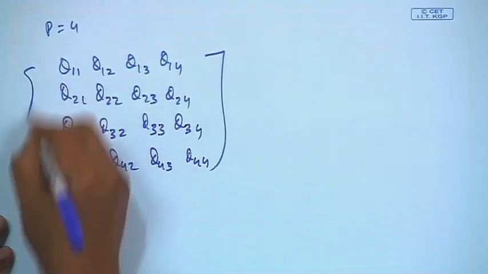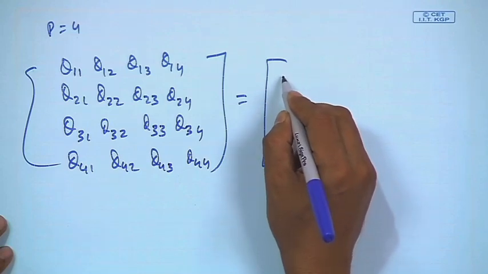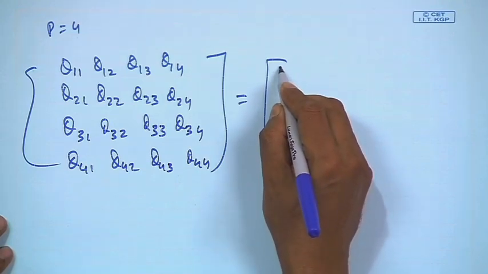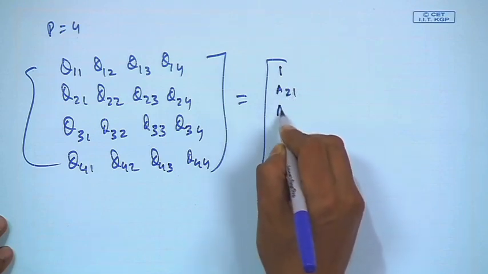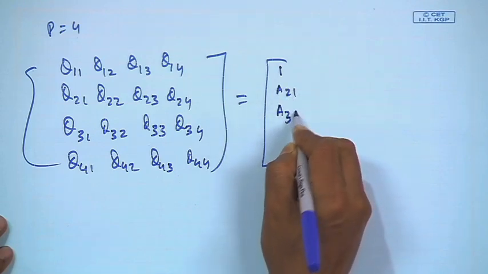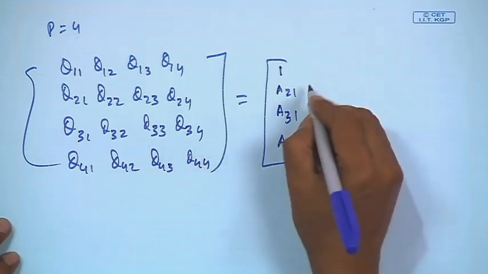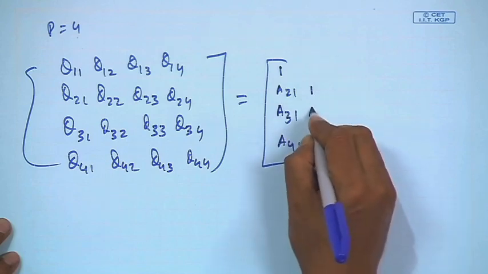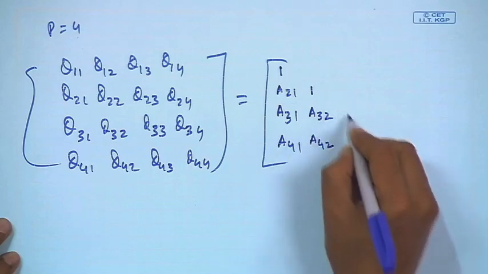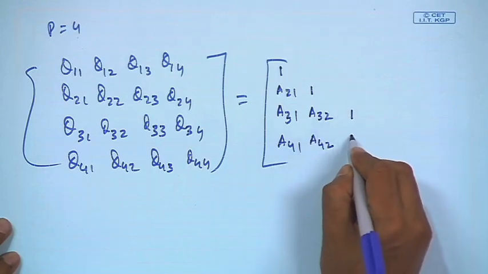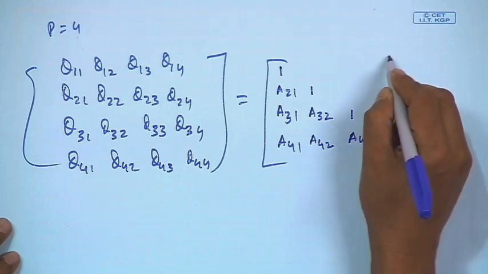This matrix equals a lower triangular matrix, where the diagonal element is 1. So 1, then A 2 1, A 3 1, A 4 1. Then 1, A 3 2, A 4 2. Then 1, A 4 3, then 1 here.